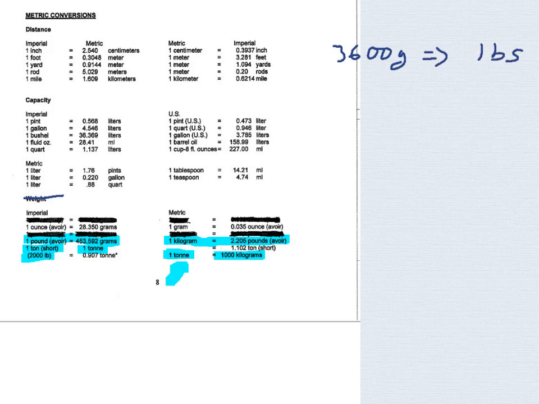So take either one of those conversions, say 1 kilogram, 2.205 pounds. So therefore, how many pounds would you have if you had 3,600 grams?